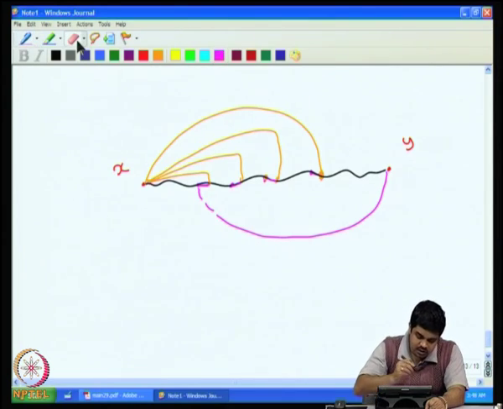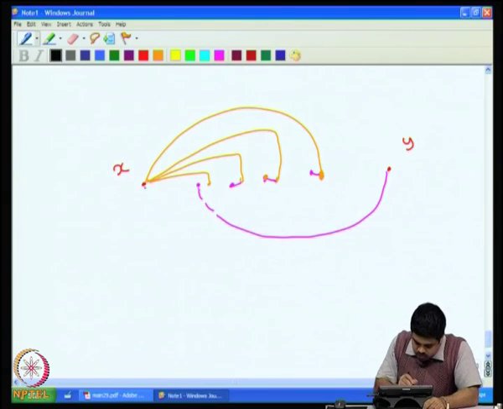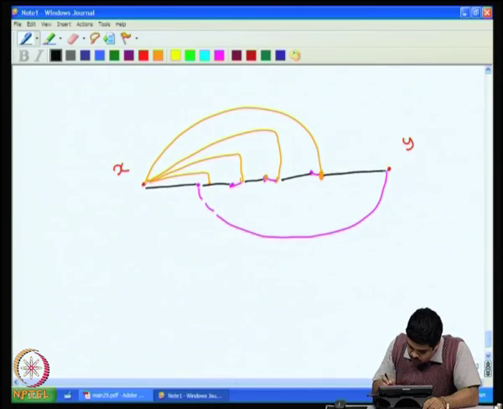How do we do that? This was the path. Suppose this was adjacent to this, even one of them, then we can delete this edge, we can break here, and then what can we do?